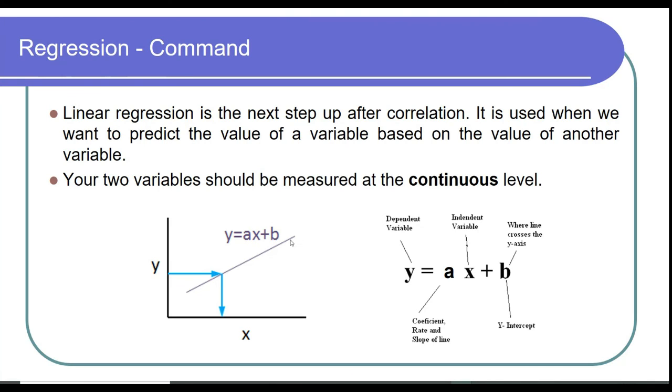They follow this line, and this line shows this equation. The variable that we are using to predict the other variable's value is called the independent variable, or sometimes the predictor. For example, you could use linear regression to understand whether exam performance can be predicted based on revision time, and many more examples.